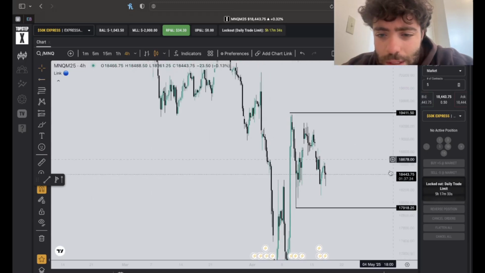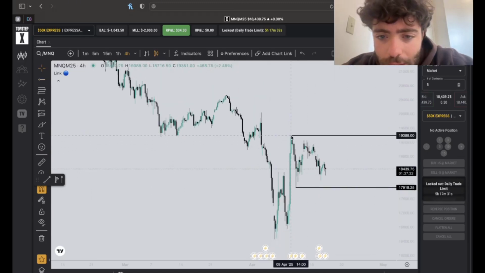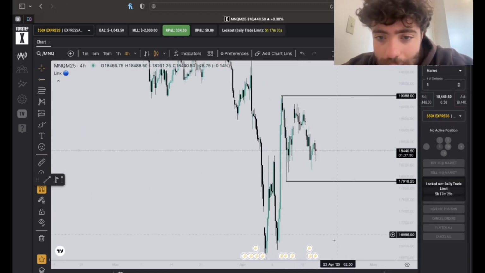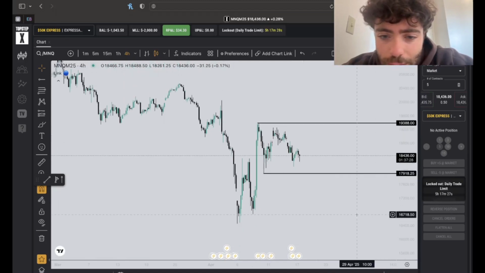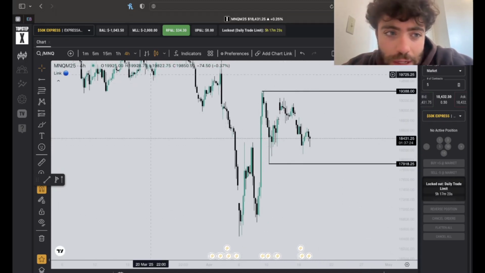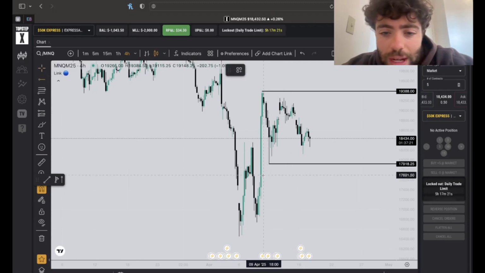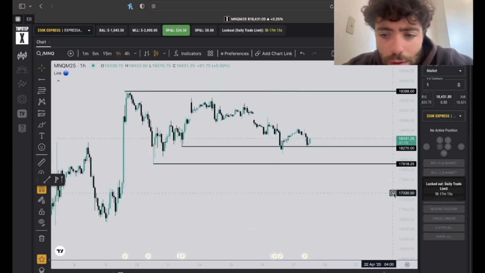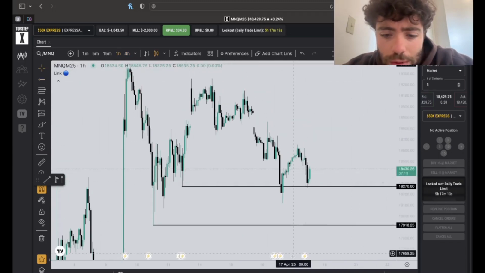Because if market was going for this high, we would have taken it by now, surely. So maybe that's a next week target, but for this week, I think we're coming back down to either take out previous sell side or dig deeper into this overall 4-hour imbalance, right? But let's go on. Let's see what we do.